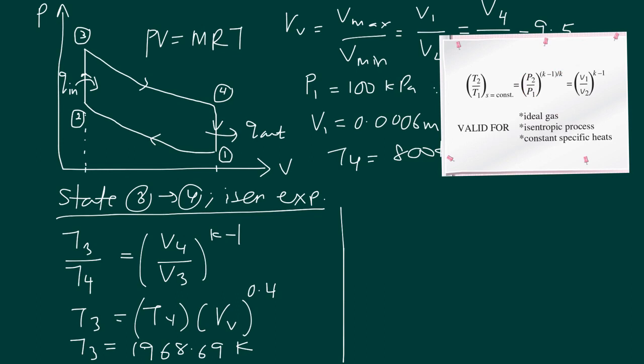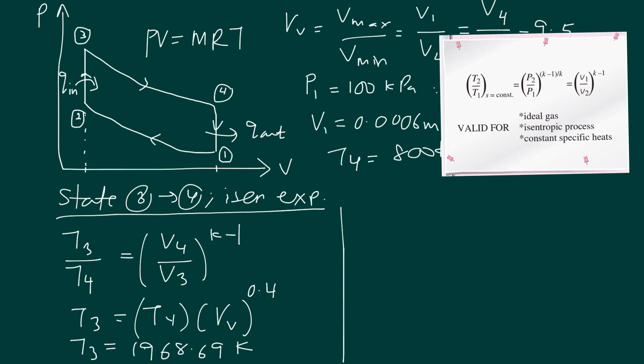So you can make use of these temperature pressure relations, or you can make use of these pressure and compression ratio relations. This one is denoted as 2 and 1, and the compression ratio is between V1 and V2. In this case, we are trying to solve for 3 and 4, so you can make use of the compression ratio between V4 and V3, just the same as with your temperature.